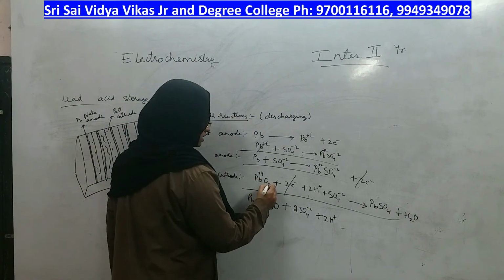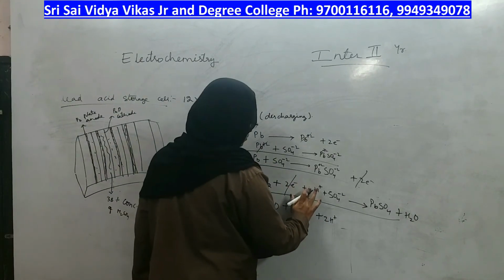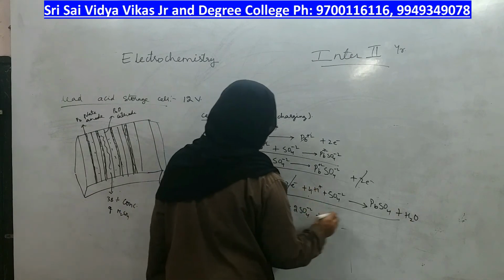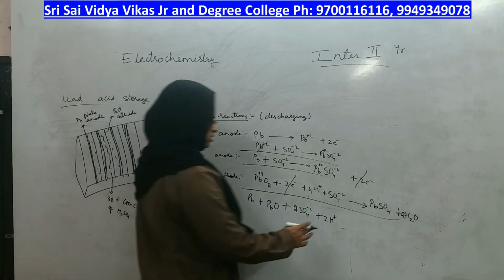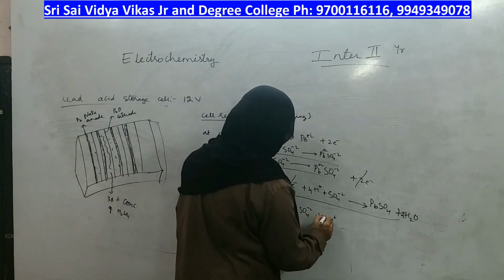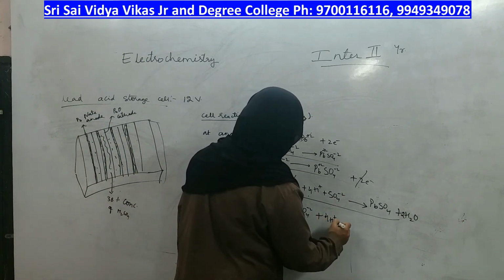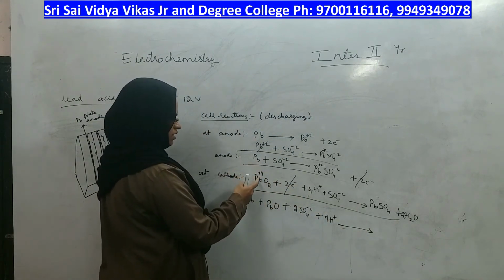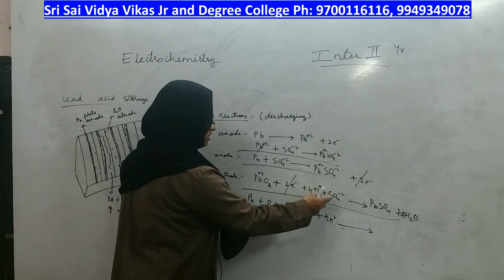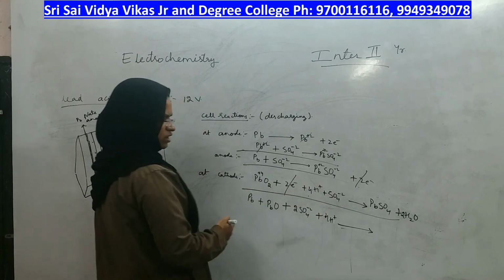Lead oxide is this, and therefore you need 4 H plus ions, 4 H plus ions, therefore you need 2 H2O. I covered lead, lead oxide, sulfate and H plus ions on this side of the final reaction.